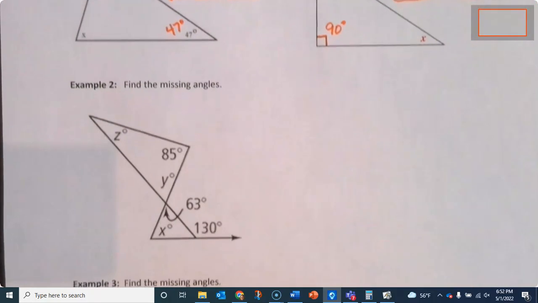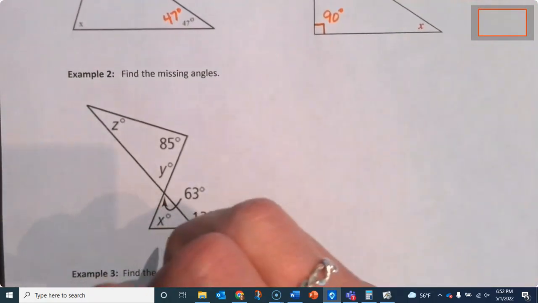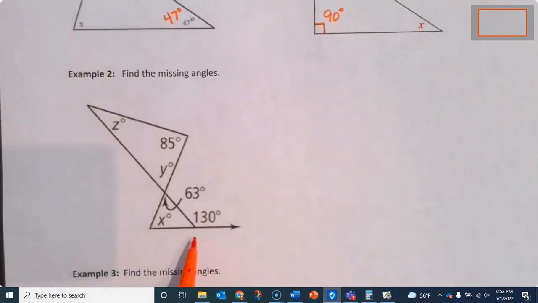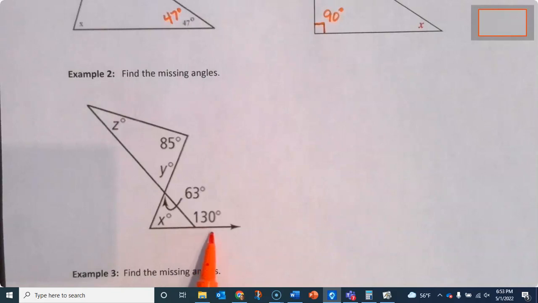For example 2, it says find the missing angles. So now we have a couple of triangles. We've got vertical angles and we've got a linear pair. So we'll be using a little bit of what we learned last class to help us find some of these missing angles. So here, let's start from the outside and work our way through. So here we have an angle that's 130 degrees.